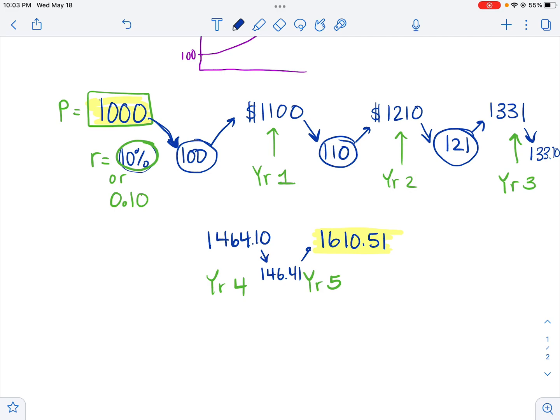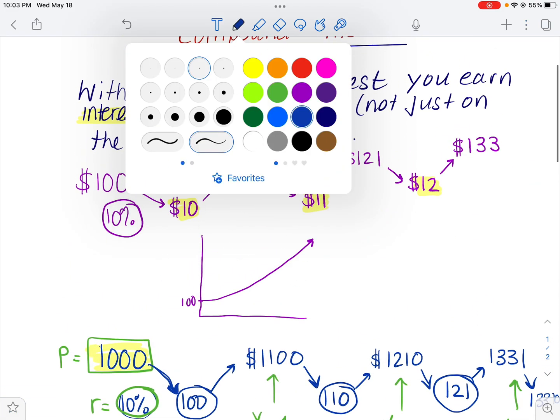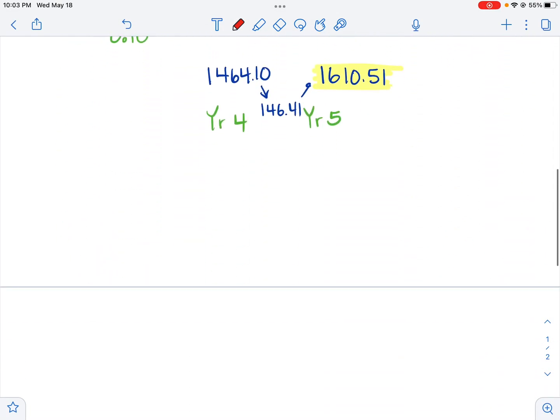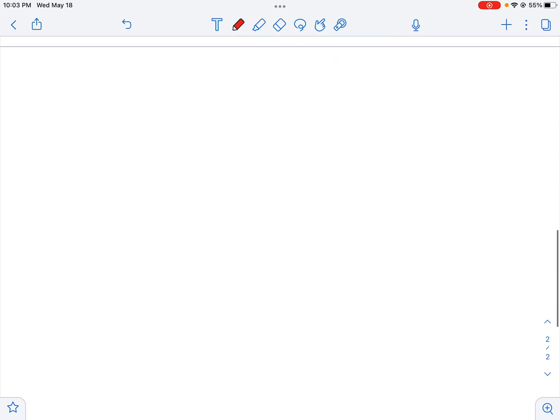So basically what we're doing every time, just to sum it up for you, is we're taking our $1,000 and we're multiplying it by 10%. Let's write that as 0.10 to figure out our interest.